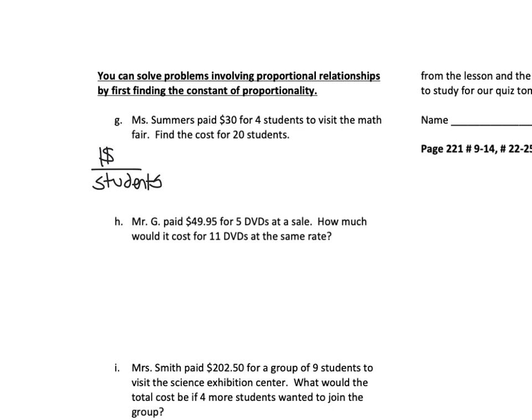Okay, so our first part of information tells us that for $30, they pay for 4 students. Okay, so on the right side, we're going to put the dollars on top because that's what we're asked to find. It says find the cost for 20 students. So our X will be on the top to represent cost, and our students goes on the bottom, and that would be 20.